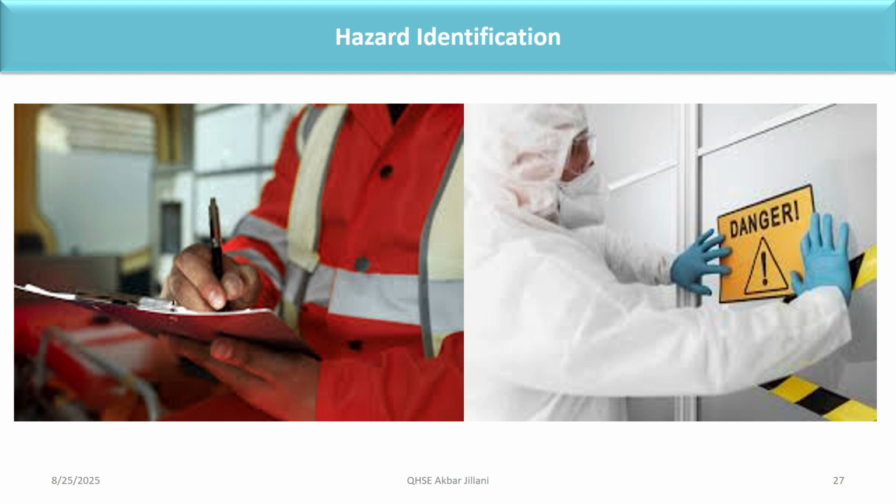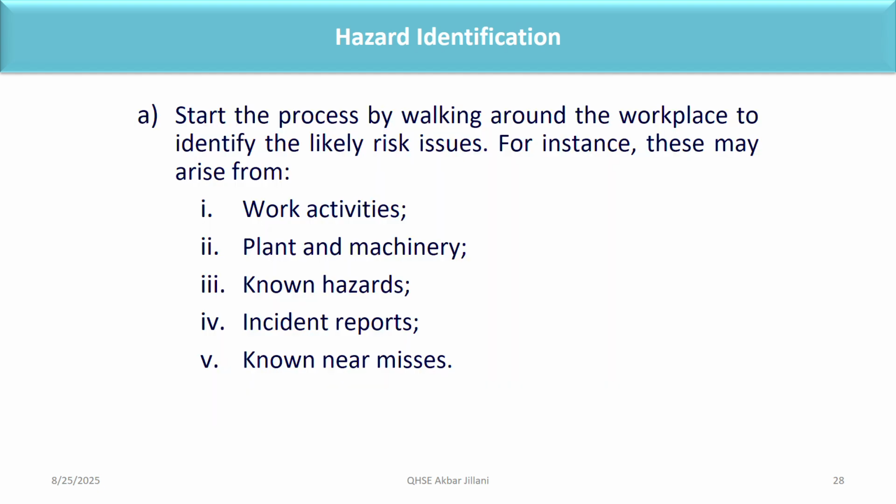So now we just want to take this. What is hazard identification? Hazard identification we have from different sources. It means that we have the input from different items. One by one, we will discuss.